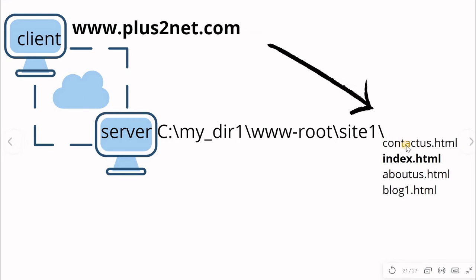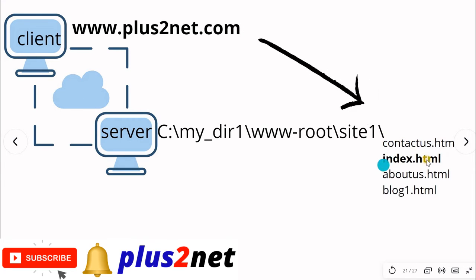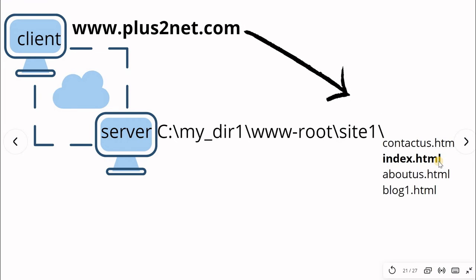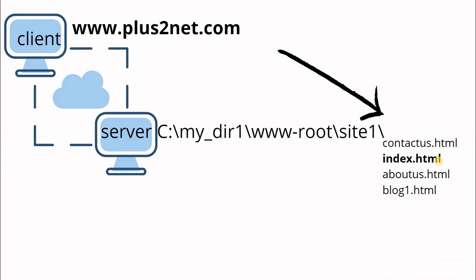Then which file to show? In that directory there will be many files: contact us, index, about, blog 1, blog 2, and many more. Servers are usually configured by default to show index.html. You may say that this is not always true. Yes, there can be default.html, index.php or some other file, depending on the way the framework is set up.